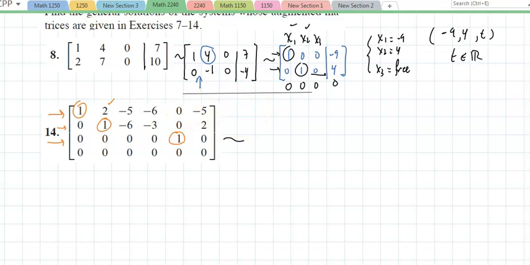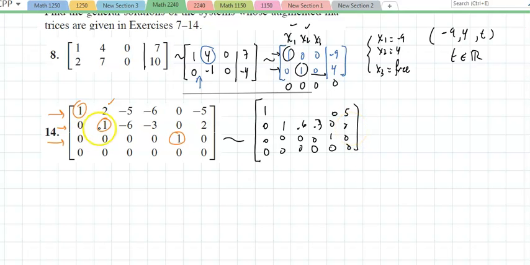So if I rewrite this and multiply by -2 and add it to the top, that's a 0. 12 minus 5 is a 7, and -2. 6 minus 6 is 0. That stays.